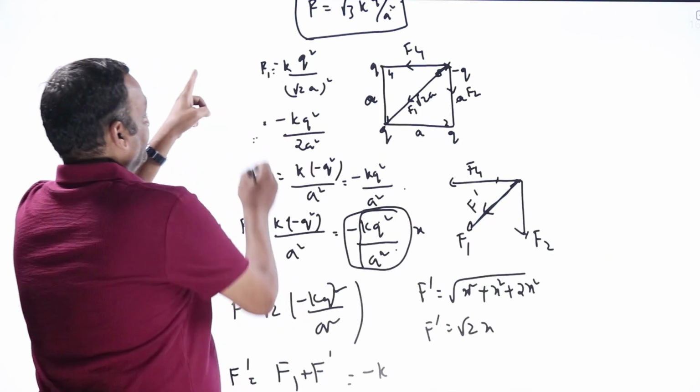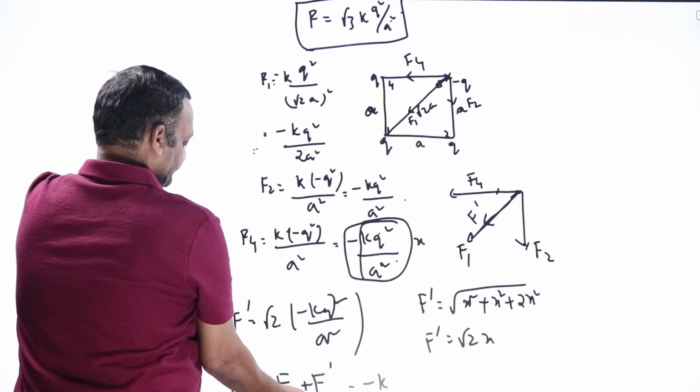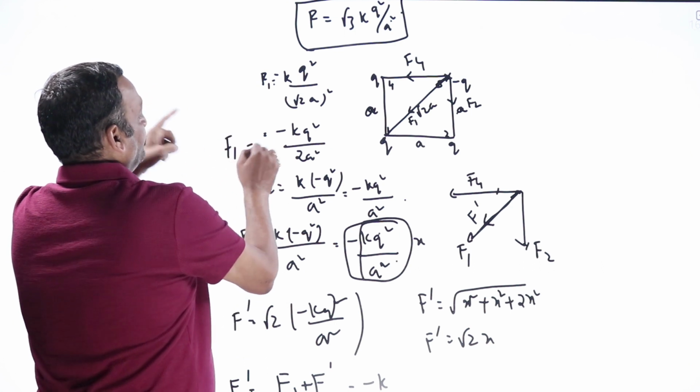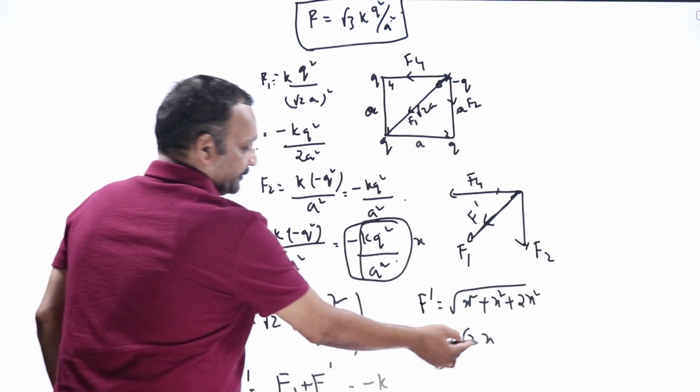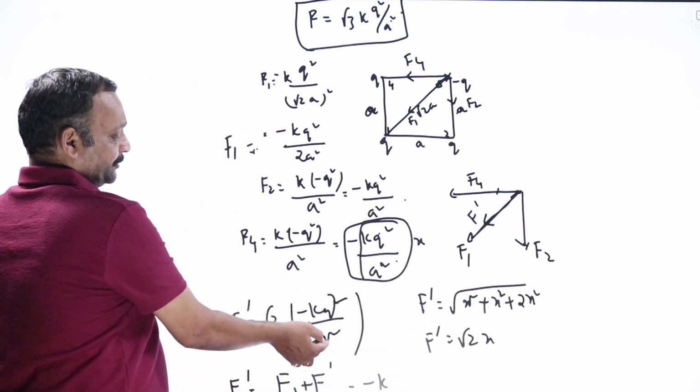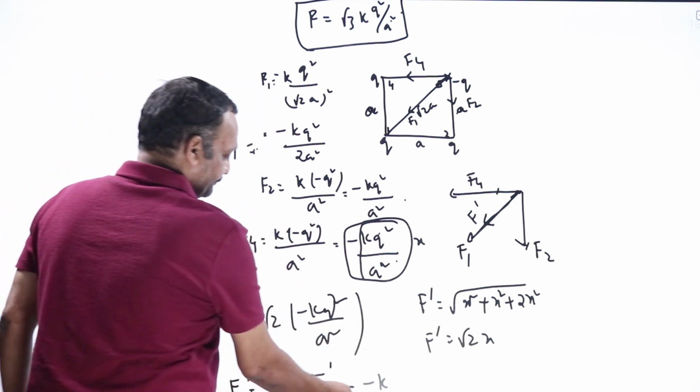F1 is minus K Q square by 2A square, and F dash is root 2 times minus K Q square by A square. Simply we are adding them.